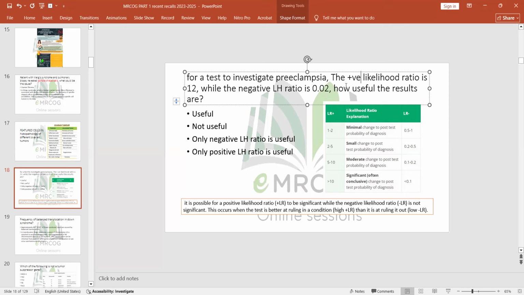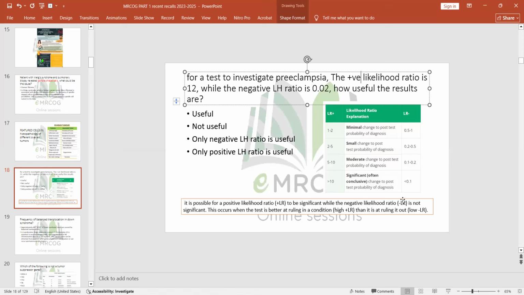That means nothing. This is insignificant. That means that the ultrasound or my study is insignificant. It does not mean anything. It didn't lead me anywhere, not in the positive direction or in the negative direction. So if you are having anything above 1, I'm going up in the positive likelihood, and the more I go up, the more significant my results are.